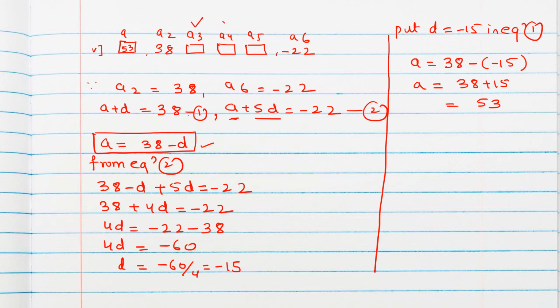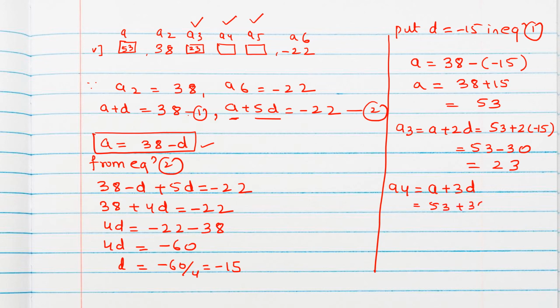Now to find A3, A4 and A5 we can use the formula. A3 is A plus 2D. So 53 plus 2 times minus 15, that is 53 minus 30, that is 23. So A3 is 23. To find A4 we can use the formula A4 equals A plus 3D. So 53 plus 3 into minus 15, that is minus 45, so 8 will come.